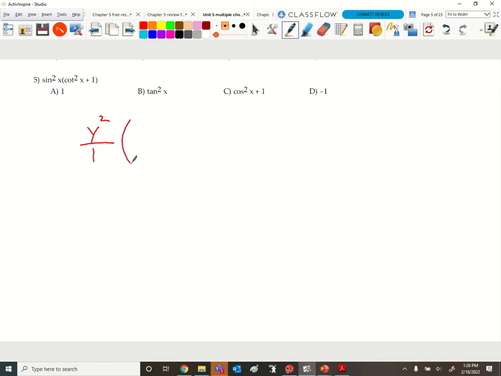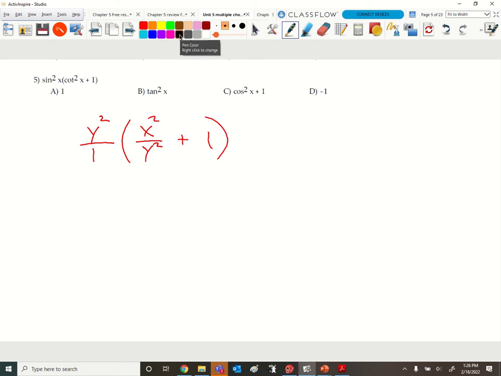What is cotangent? I heard it. Very good. So it's x over y, and since it's cotangent squared, they're both squared, right? Plus 1. Más uno. Right? So right here, I'm going to do distribution.